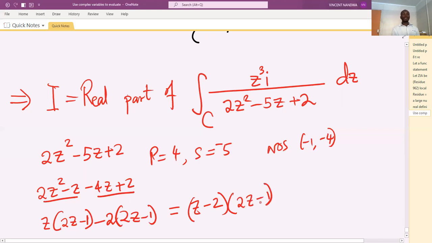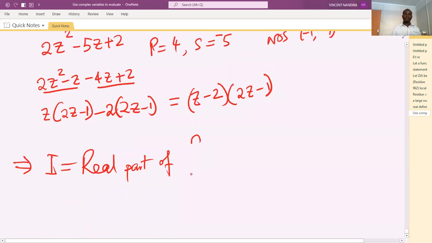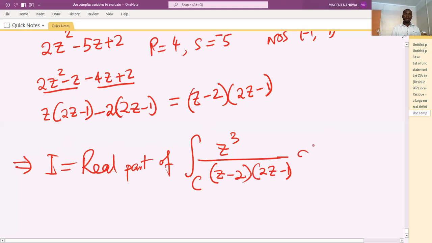So it means that you can write this quadratic expression as a product of these linear terms. I.e. I is the real part of the integral z cubed over z minus 2 times 2z minus 1 dz.